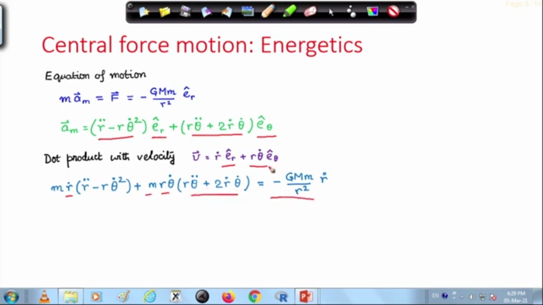On the right hand side we had e r cap, and that gets dotted with this term because e r cap dot e theta cap is 0. Therefore, you have only r dot on the right hand side as a product. This gives us a scalar condition.